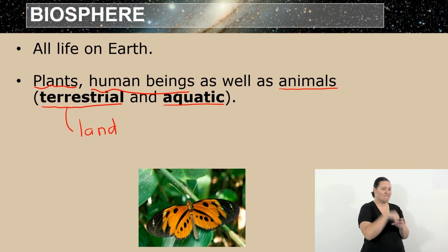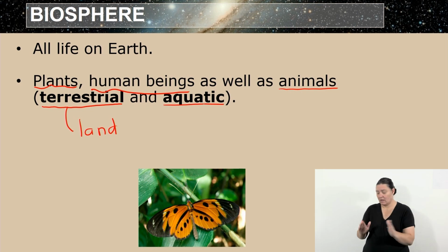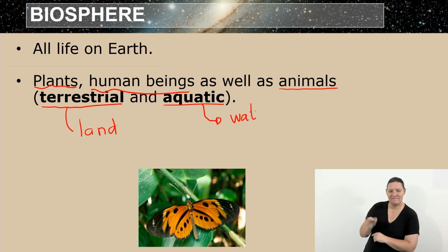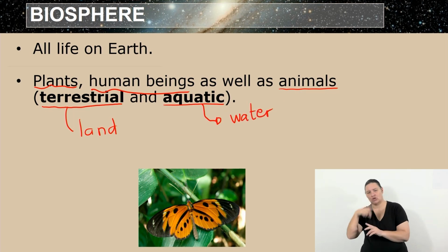This includes you and me, all the dogs, the cats, the cows. Those are some examples of terrestrial animals. And aquatic animals are all the animals that we find inside the water. We have a lot more species inside the water than the different species that we find on land. So that is what we talk about.